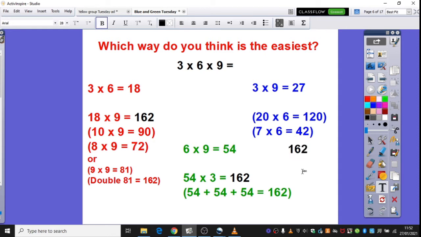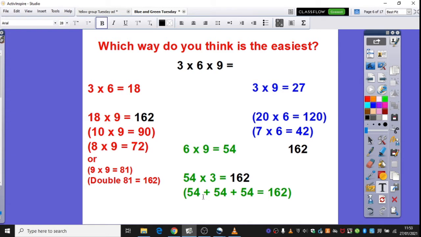And finally, we've got 9 times 6, or 6 times 9 is 54. And then we've got 54 multiplied by 3. What we're being asked there is 54, add 54, add 54. I was able to use my knowledge of partitioning to think, well, 50, 50 and 50 makes 150. And 4 add 4 add 4 is 12.